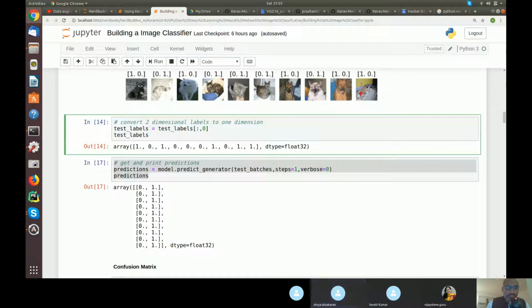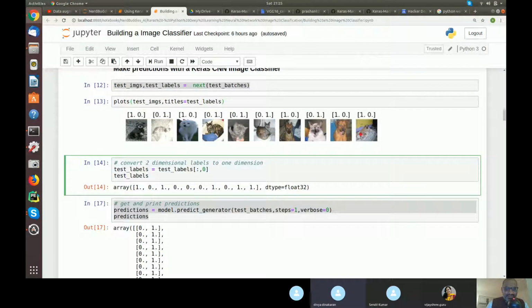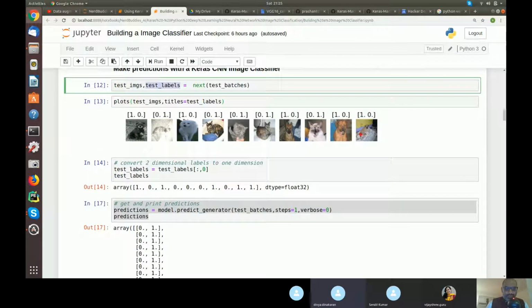And here, all it's doing is, it's basically saying we have test labels in this vector form, which is ones and zeros. And what we are going to need is to convert them into a single number.